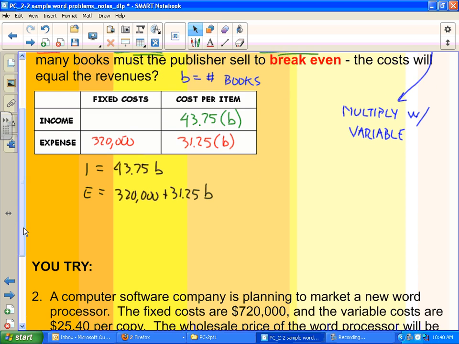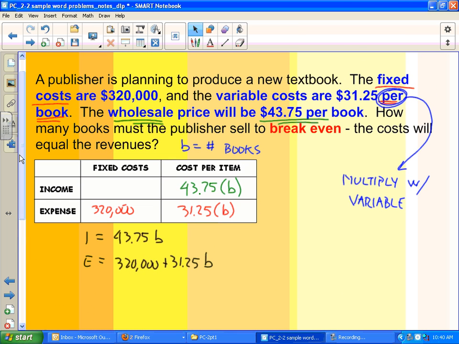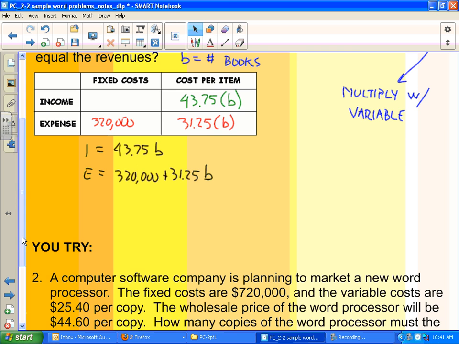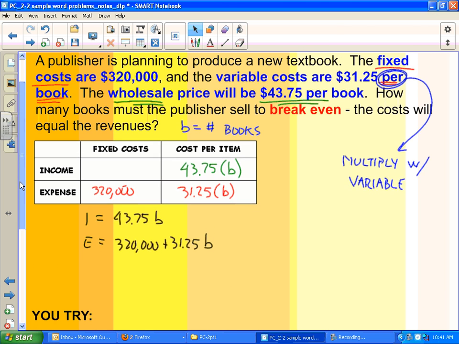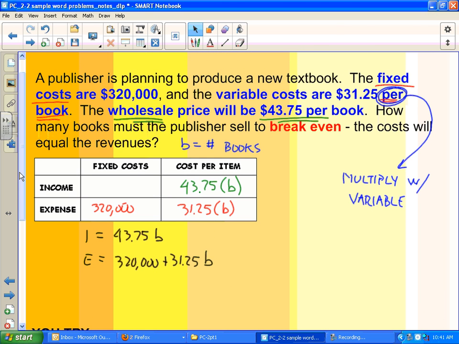Slopes, by the way, if you haven't already made this connection, are always going to be these cost-per-thing values if we're talking about a linear situation. And once I have that, what am I going to do to answer the question? So I have my two equations.